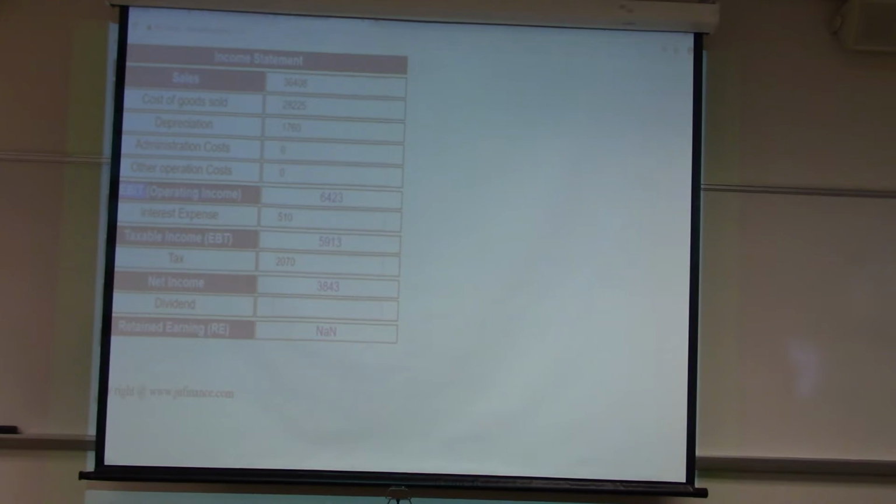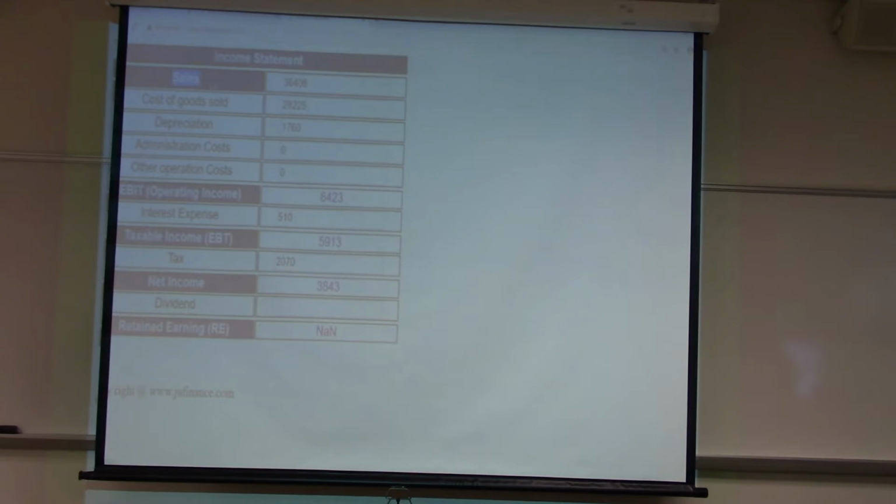EBIT is earning before interest and tax. EBITDA is earning before interest, tax, depreciation, and amortization.